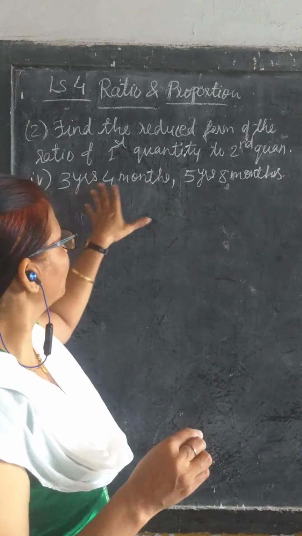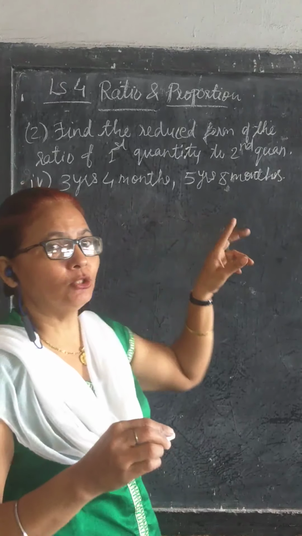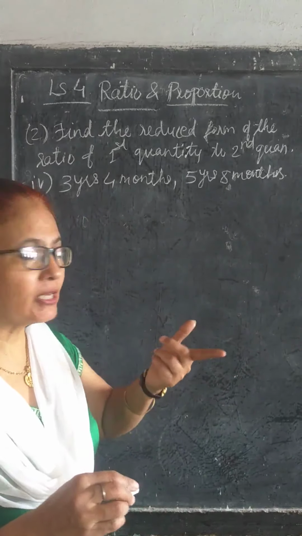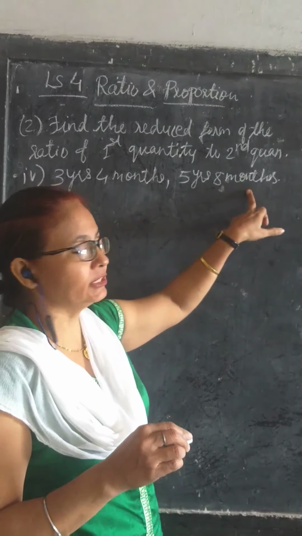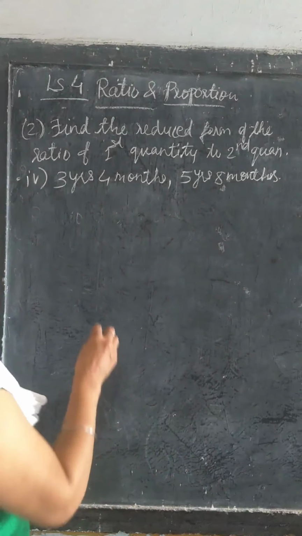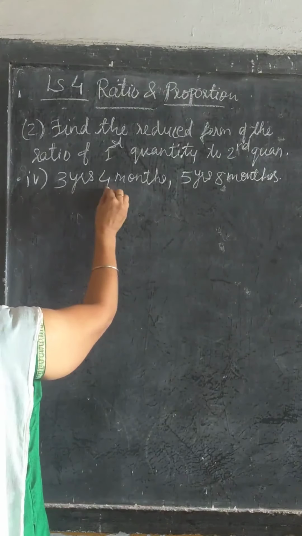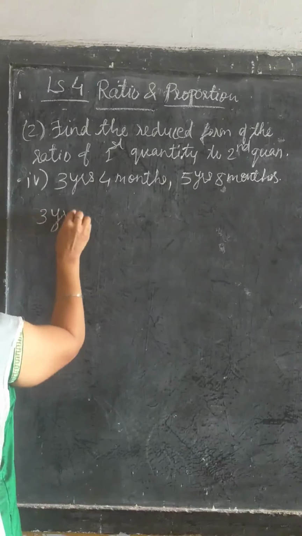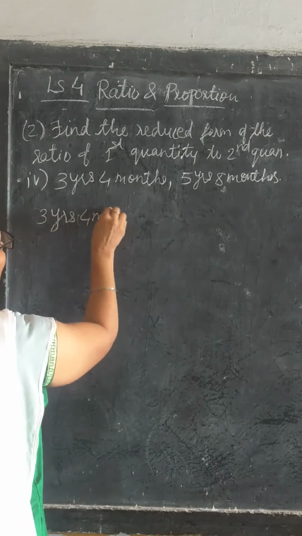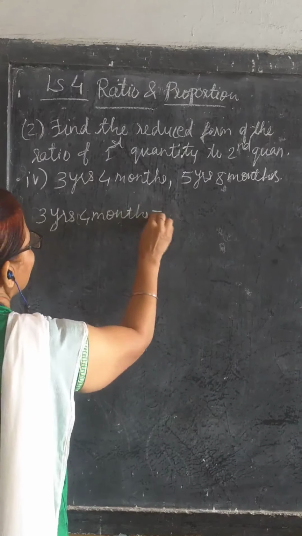So first we will convert the given quantities into a single unit. It's your choice, either you convert the total into months or into years. So here I am converting 3 years 4 months into months. Now let's first do the conversion. We will write 3 years 4 months is equal to.